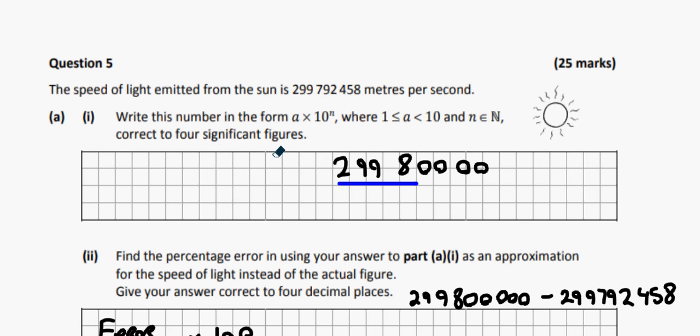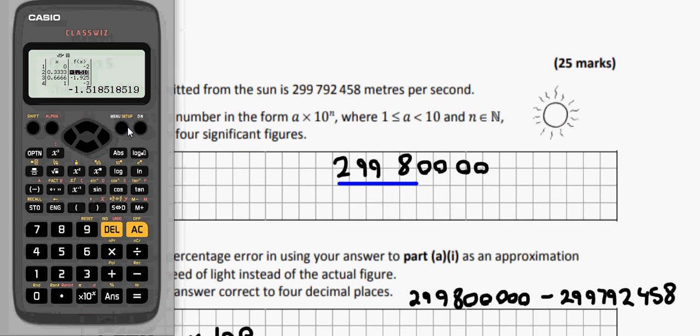So does anyone remember how to do that? Shift, setup. Shift, setup, number format, science mode. Okay, and get out, and then just put this number into your calculator. What did you get? Did anybody get that as well?